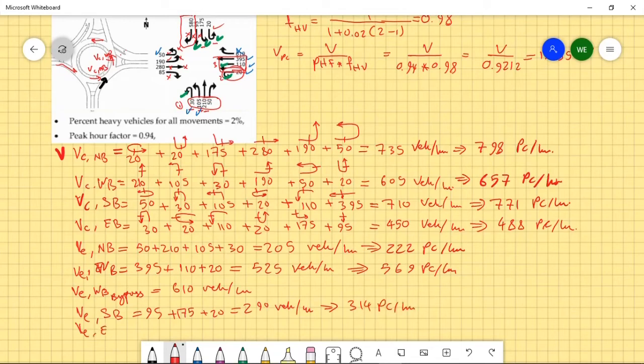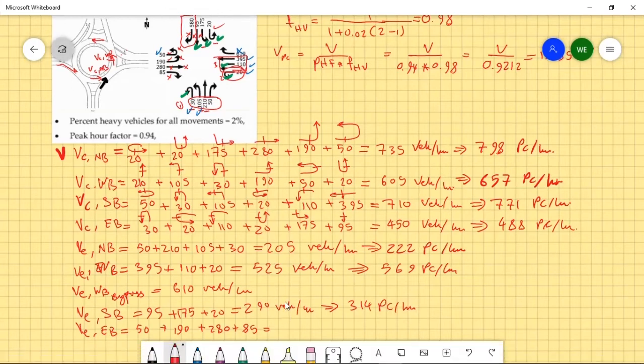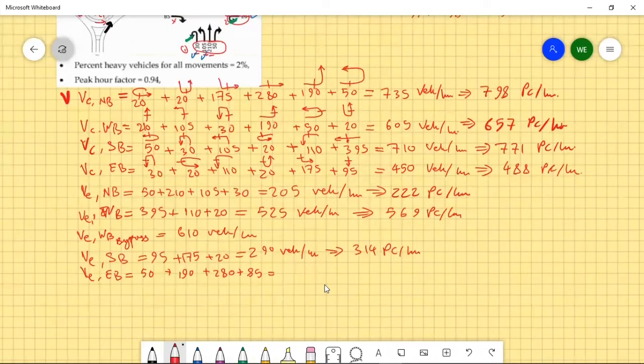V entering for the eastbound is going to be just the total volume because we have just one entry lane. So here it is going to be 50 plus 190 plus 280 plus 85 equals 605 vehicles per hour, which is 657 passenger cars per hour.